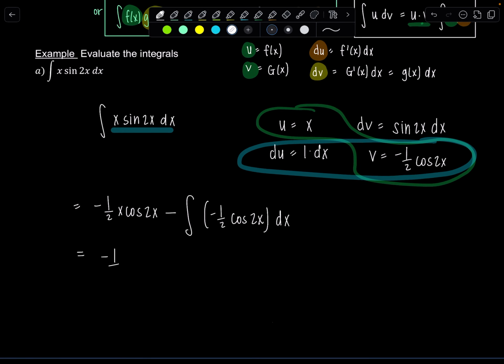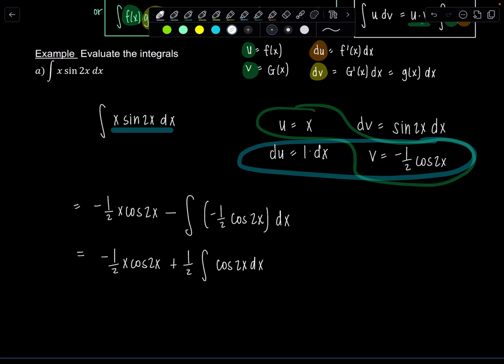I've got negative 1/2 x cosine 2x. Take that negative 1/2 outside, so now it's positive 1/2 integral of cosine 2x dx. And then now we can take the antiderivative, no big deal, right? Don't do u sub. You should be able to do this in your head. Because there's a constant in front of the x in that argument, just divide by it when you take the antiderivative.